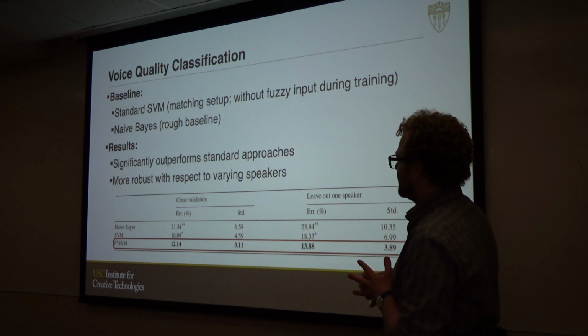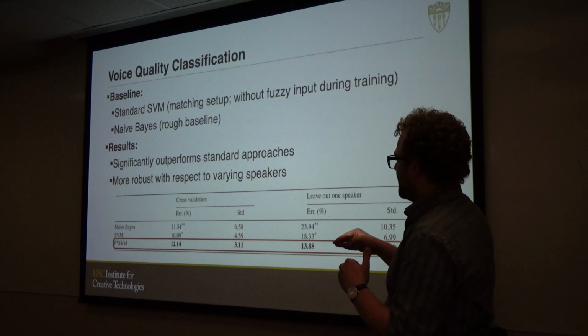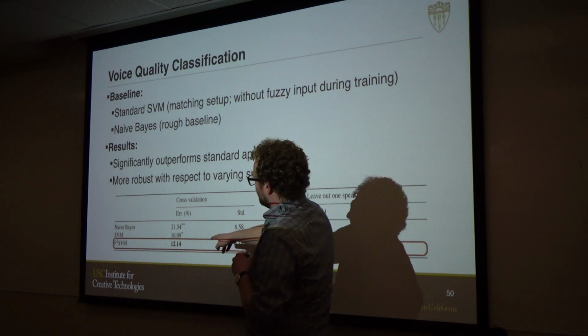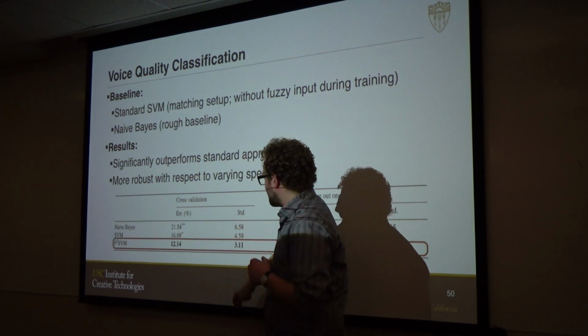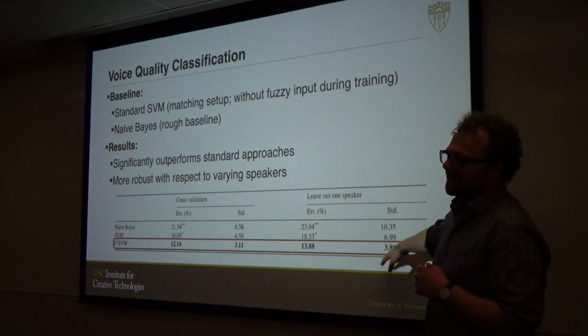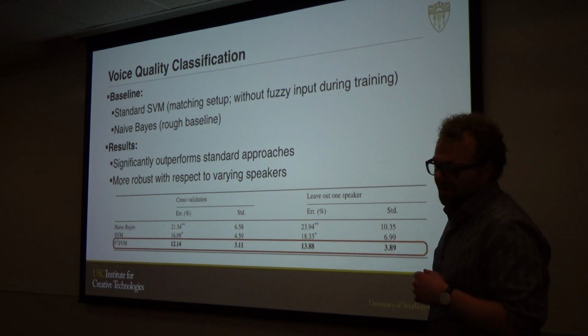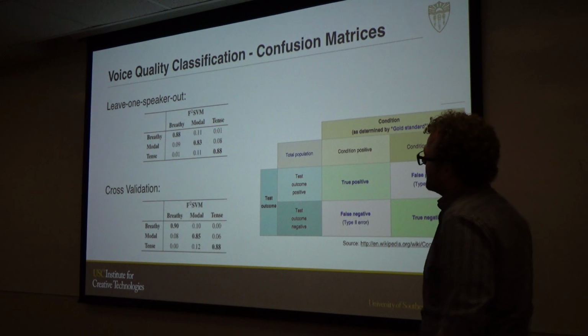Don't need to know what that is yet. Maybe we'll talk about this, but we could show that our error percentage was significantly lower than the standard approaches in the cross-validation, as well as our leave-one-out test. And this is how the confusion matrices looked.